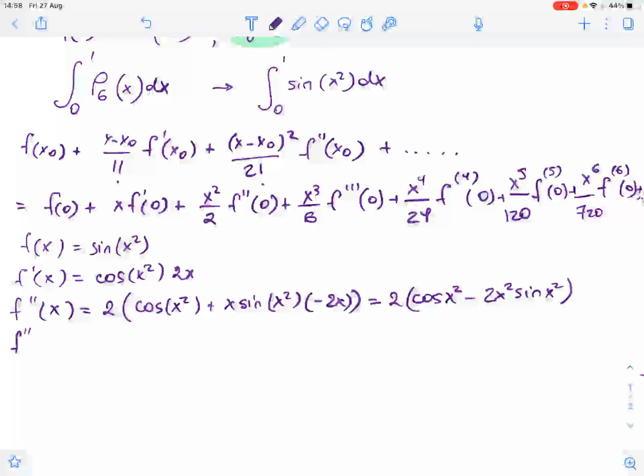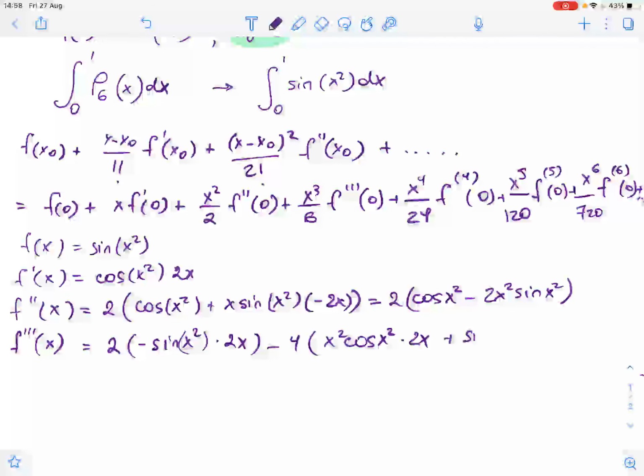Well, then the third order derivative of f of x equals 2 times negative sine of x squared times 2x minus 4 times x squared times cosine of x squared times 2x plus sine of x squared times 2x.